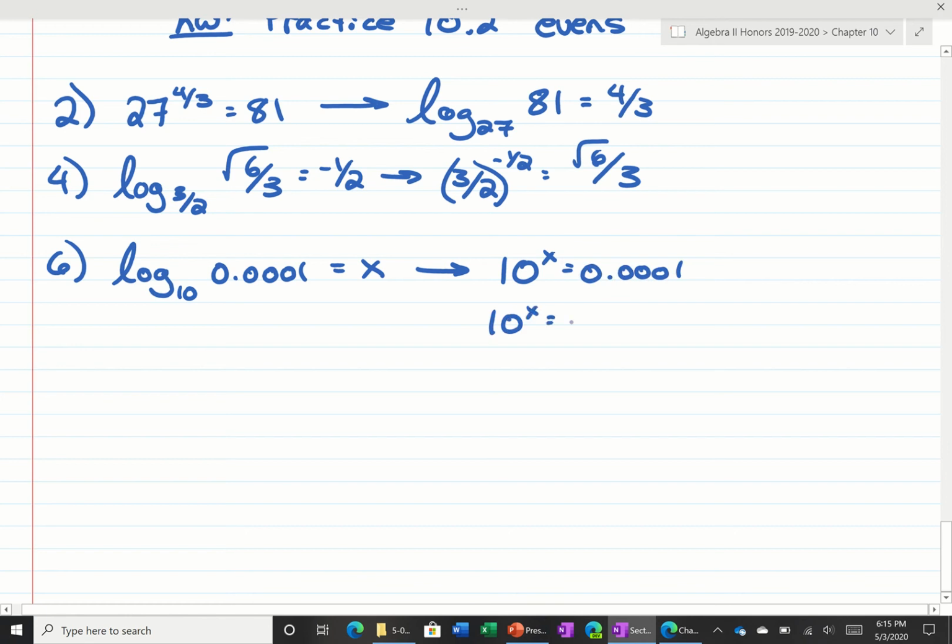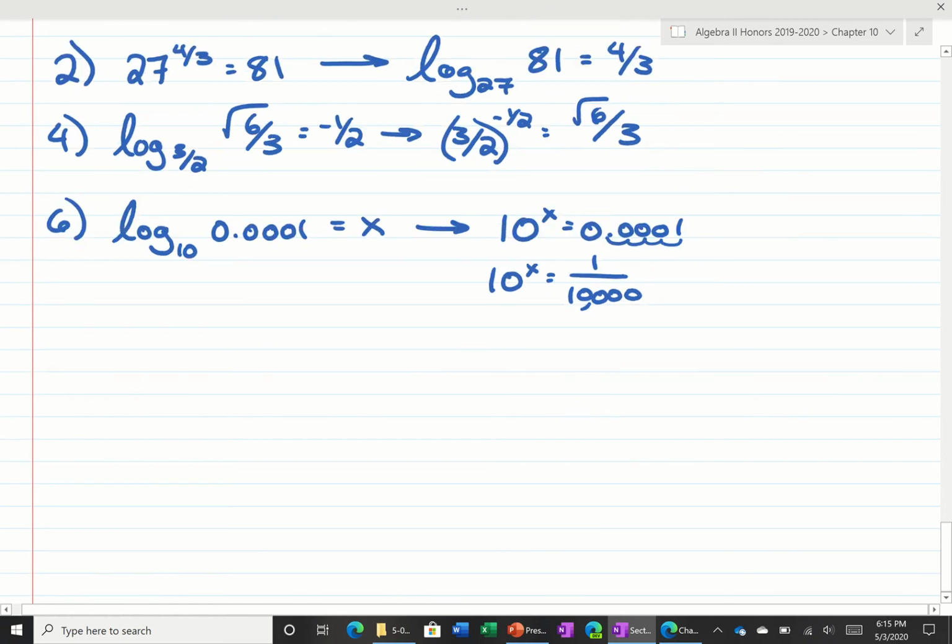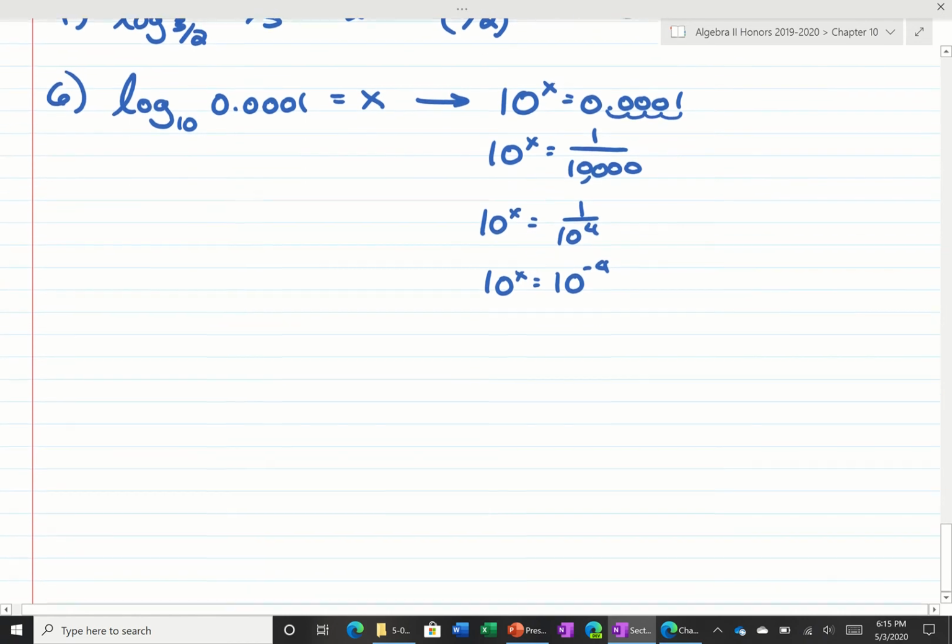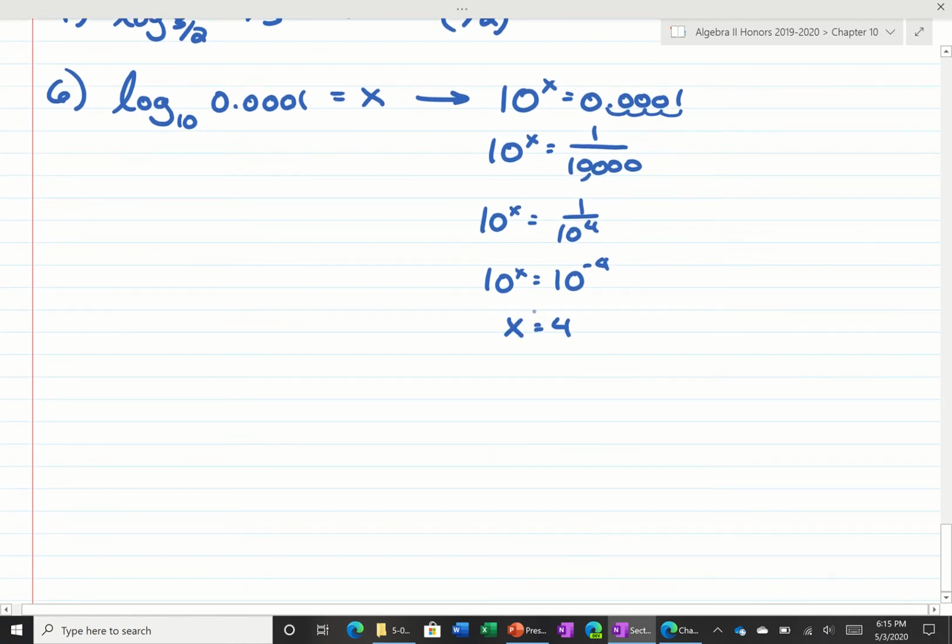This would be 1 over, let's see, 1, 2, 3, 4, 1 over 10,000, which is the same thing as 1 over 10 to the 4th, or 10 to the -4. Then we could see that the powers would be equal. X would equal -4.